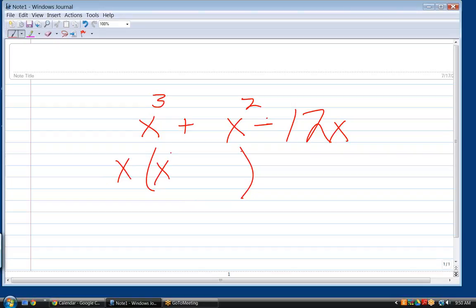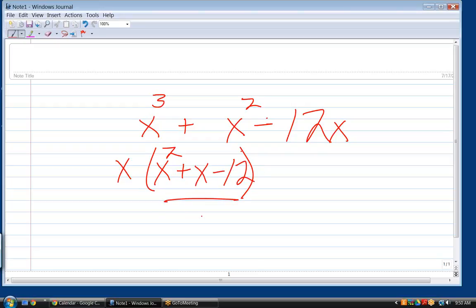X squared. Remember, you're always dividing every term in the expression by x. And then plus x. And then minus 12. Good.